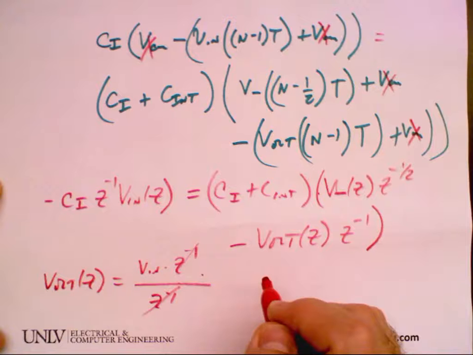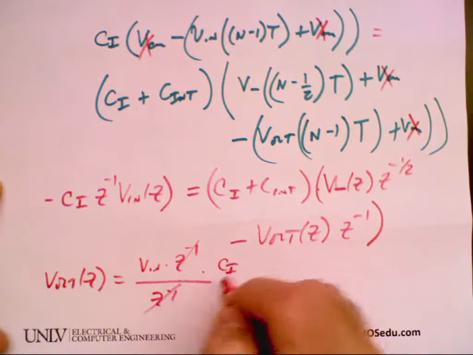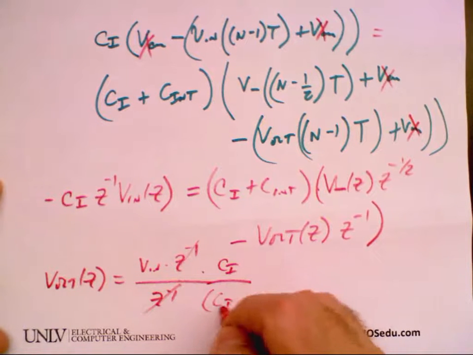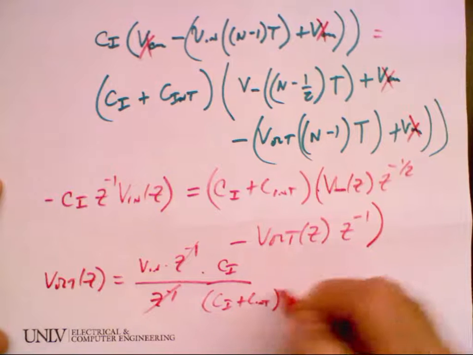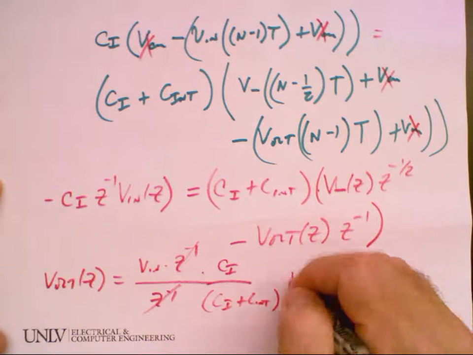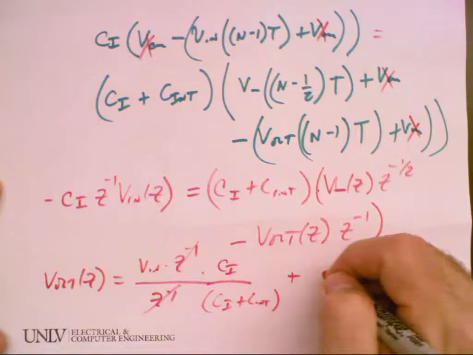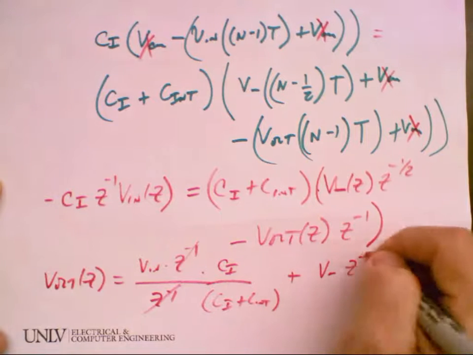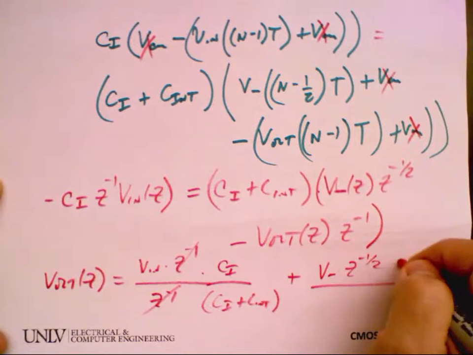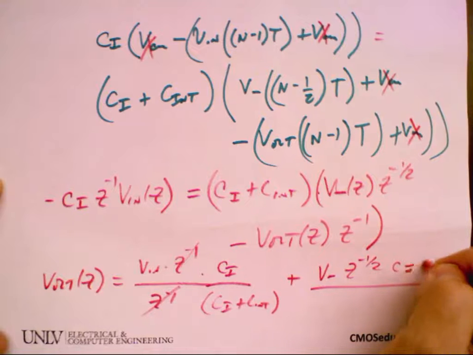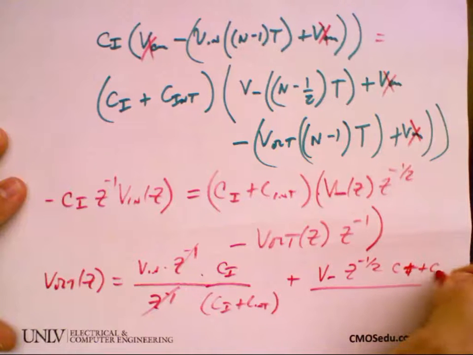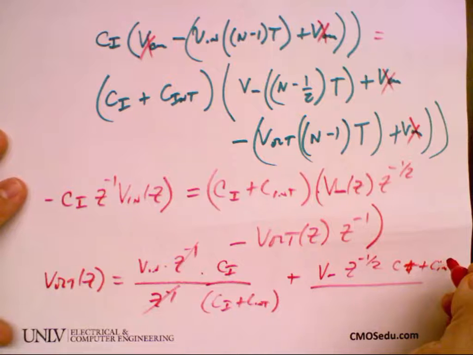Oh, something's wrong. I'll carry it through and look at it in a moment. And then that's plus v minus z to the minus 1/2 all times c I plus c int. Something's wrong. All over ci.